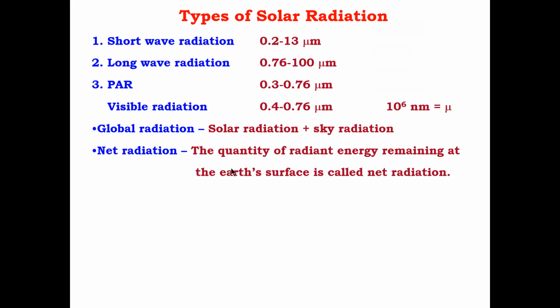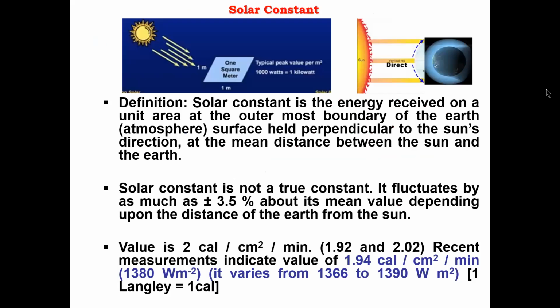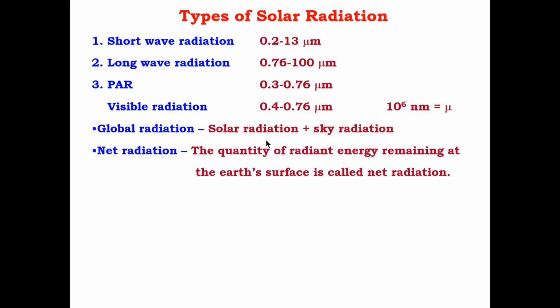The quantity of radiant energy remaining at the Earth's surface is called the net radiation. It is received from the outer layer of the atmosphere, that is from the solar constant, to the Earth's atmosphere, and some energy is again reflected back in the atmosphere by different ways, and the remaining energy is called the net radiation.